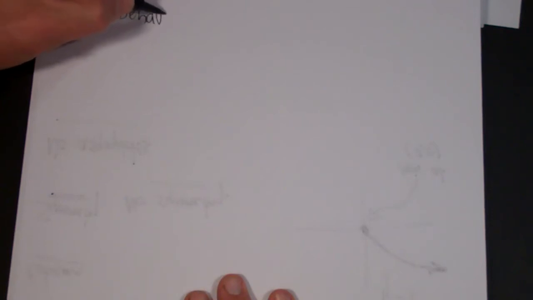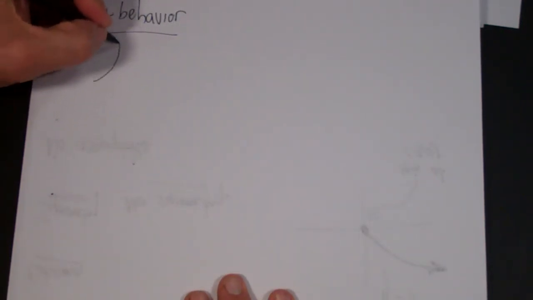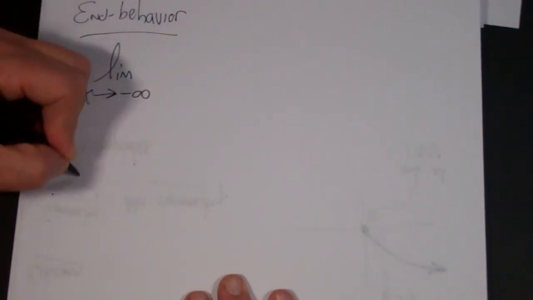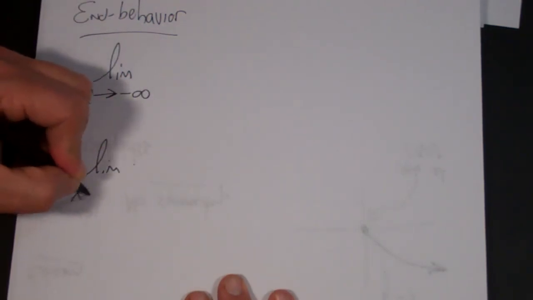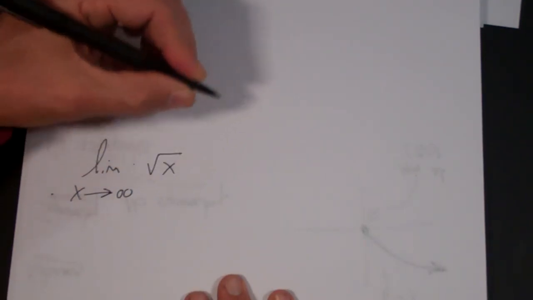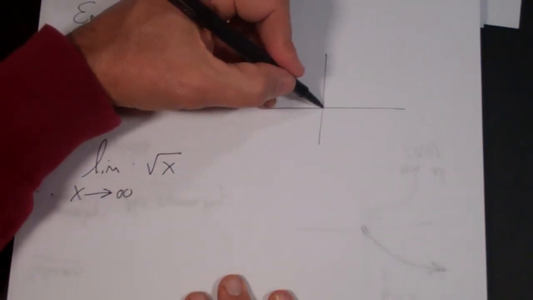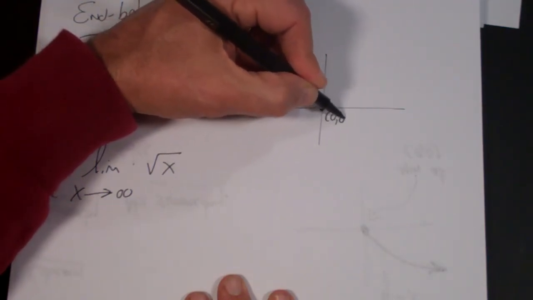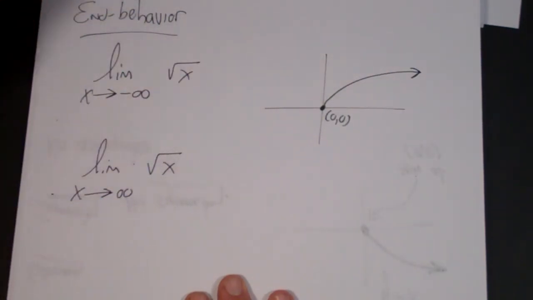And the last one is end behavior. Normally, we would do end behavior as x goes to minus infinity, and the limit as x goes to positive infinity of square root of x. But if you notice, you never get to negative infinity. You start at 0, 0 and go here.